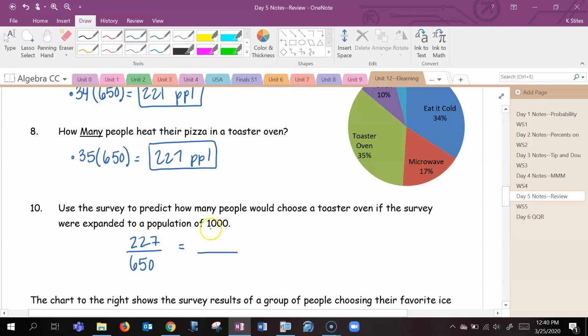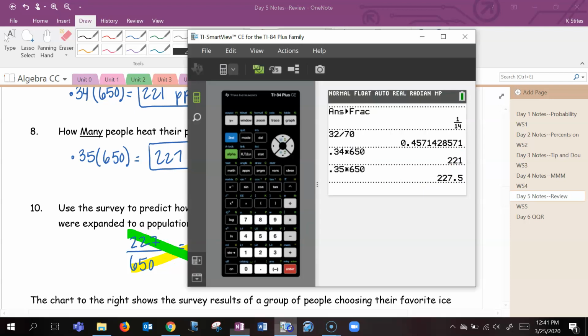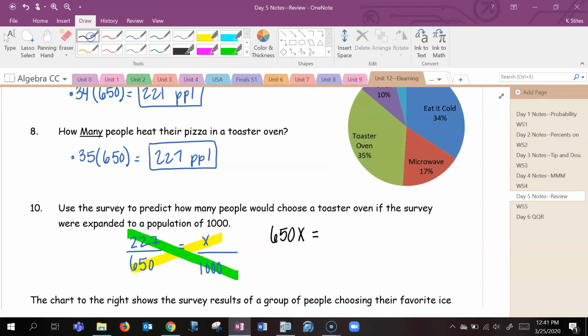So since that's a total, 1,000 will go on the bottom, and our X, what we're trying to find, will go on top. That's representing our number of people choosing a toaster oven. So now I'll cross multiply. 227 times 1,000 is just 227,000. And then I'll divide by my 650.